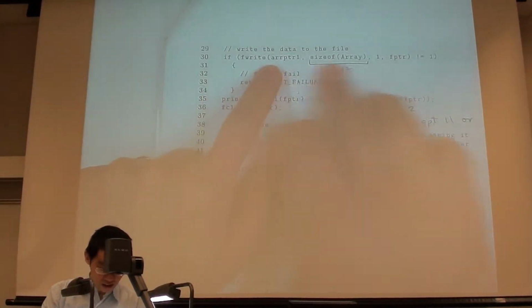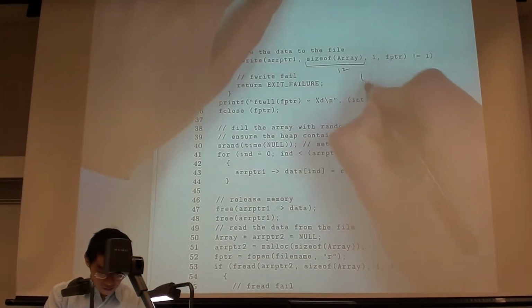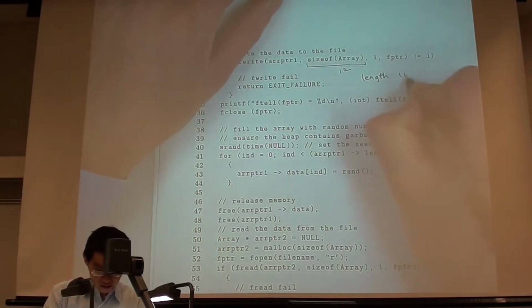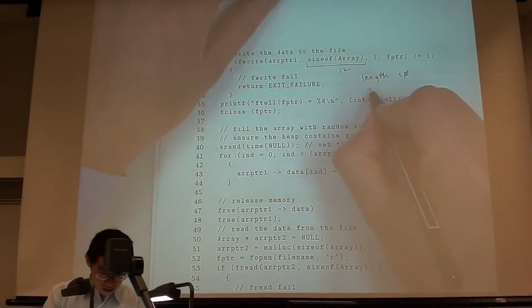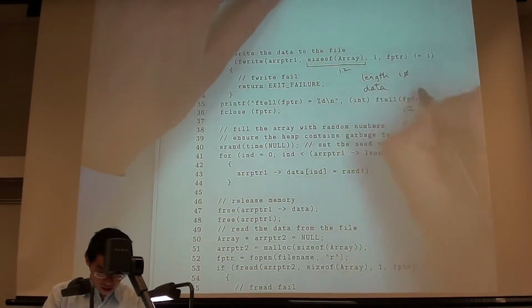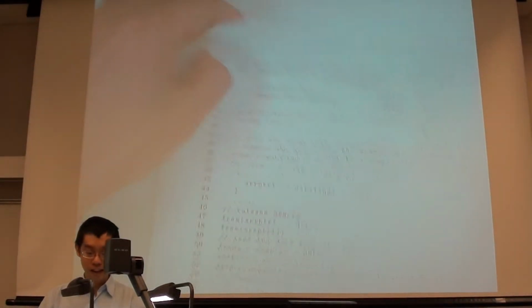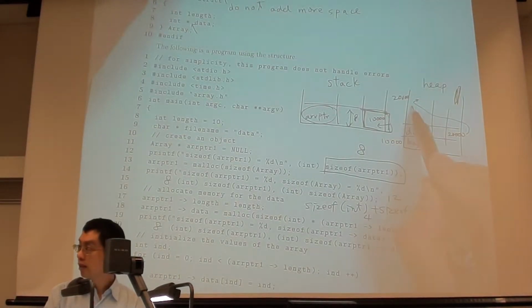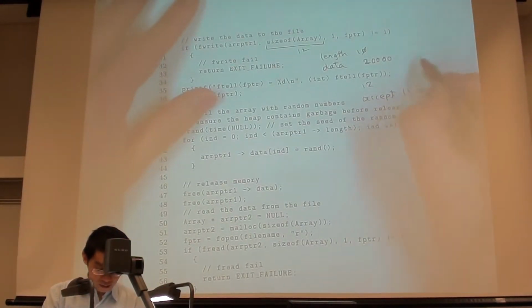When we write this, the length is 10, and the data is 20,000. Why? Because I assume I call malloc and get 20,000. But that is meaningless.